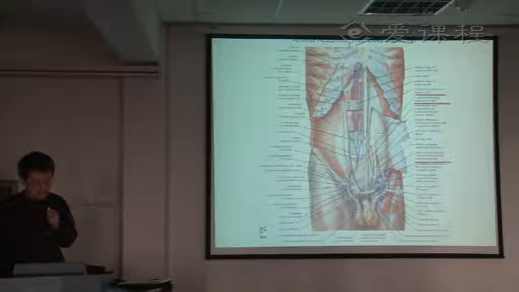Transversus abdominis here also aponeurosis. So you see this vessel, this is the inferior epigastric vessel, and the lateral edge of the rectus muscle, and this is the ligament. So in this region, all the muscular layers become aponeurosis.